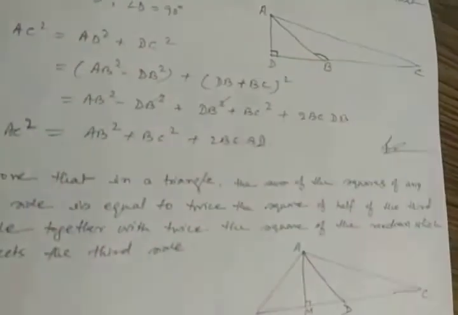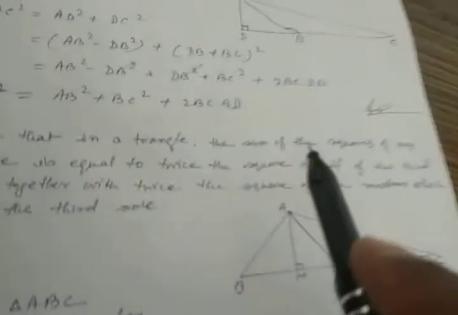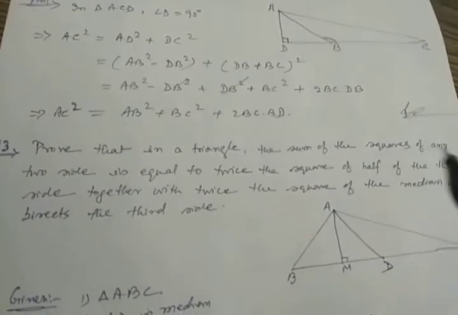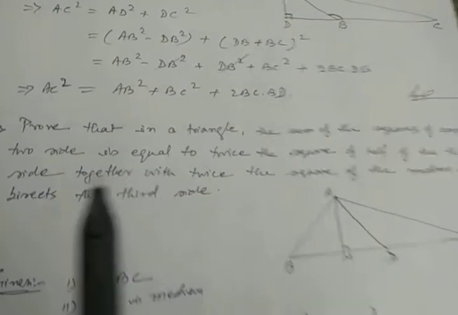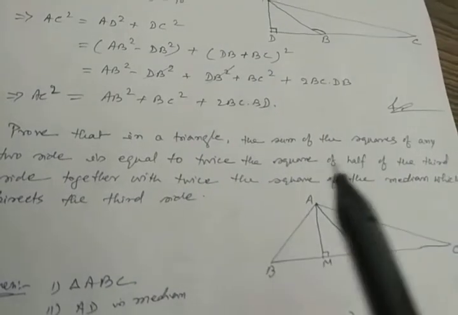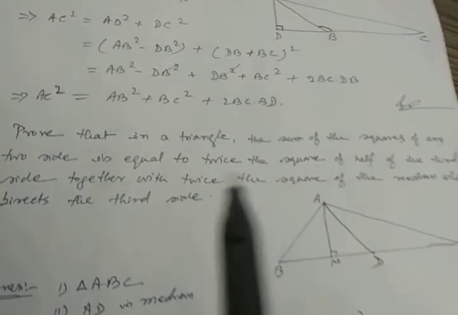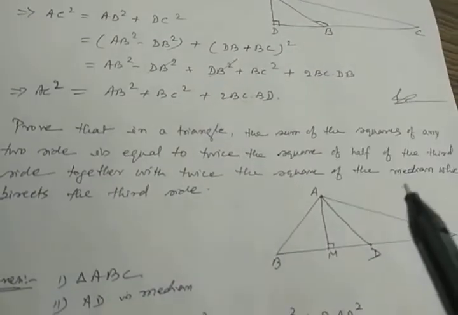It is also a result that is used to prove some problems. See, it is in case of median. It says that in a triangle, the sum of the squares of any two sides is equal to twice the square of half of the third side together with twice the square of the median.